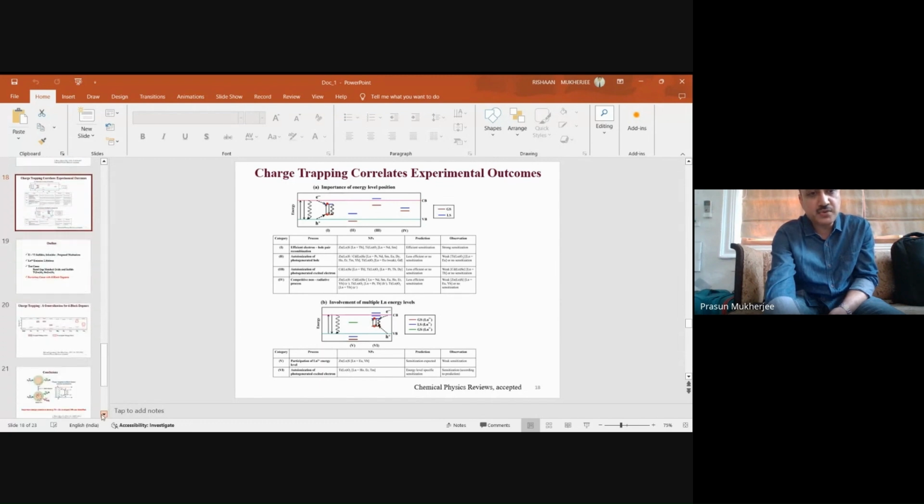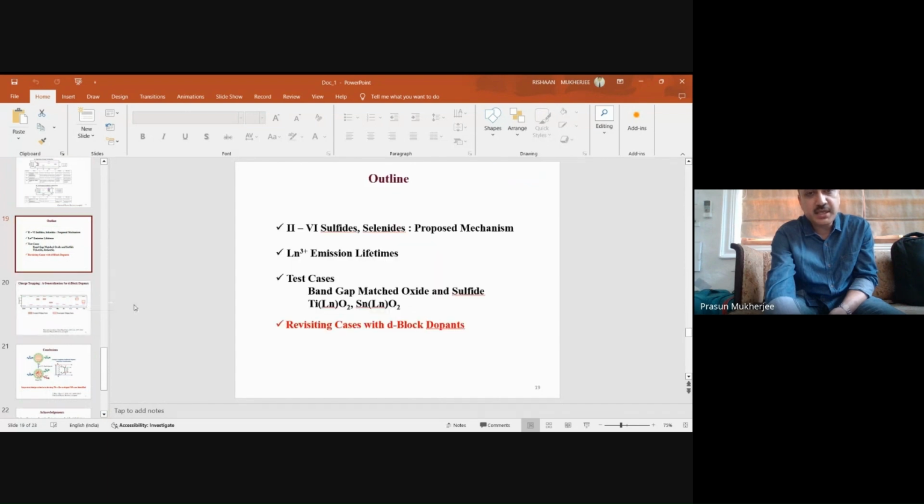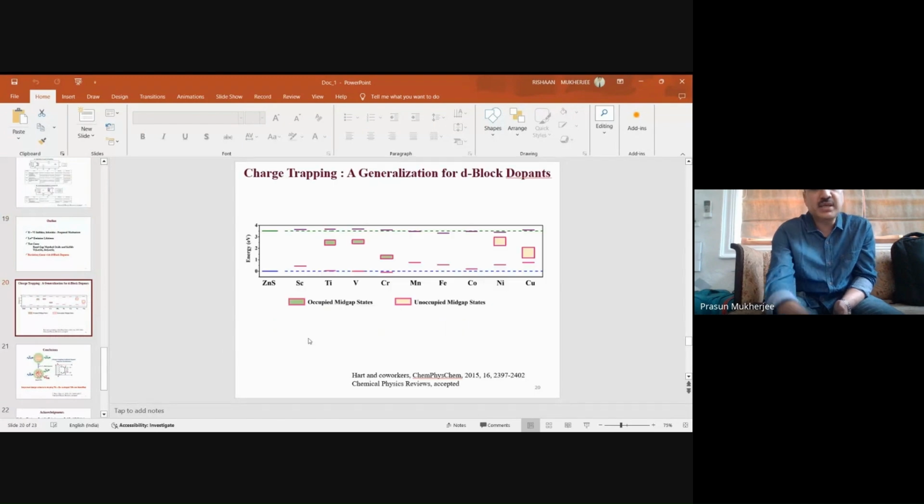Now, coming up to the last part of the talk, we want to revisit, with this understanding of the 4f elements, the lanthanides as dopants, the case of the 3d block elements. And in that, what we tried is we have taken this paper by Hart and co-workers back in 2015.